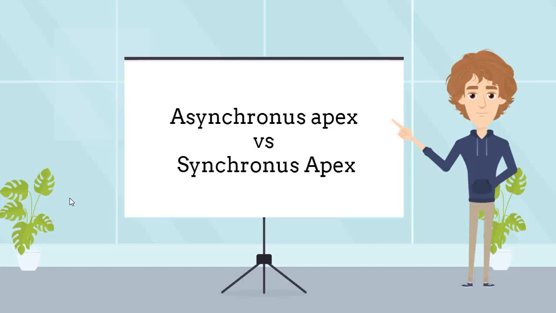The next process does not wait for the previous one to complete, so it runs in multiple threads. You have to explain it in this way. You can also take a real life example and explain both in Apex.